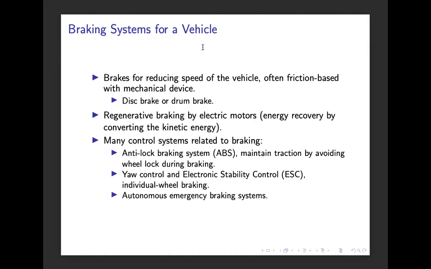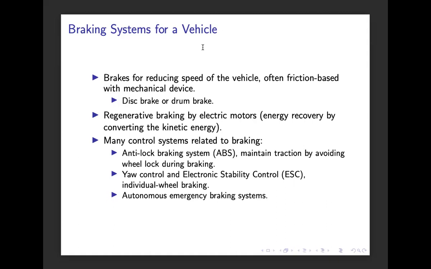And also, if we should model a modern car, we need to consider all control systems that are involved in that kind of braking situations. We have, for example, the anti-lock braking system that is standard in all passenger cars today. The idea is that we would like to maintain traction by avoiding wheel lock during braking. So we don't want the wheel to lock when we are doing heavy braking.